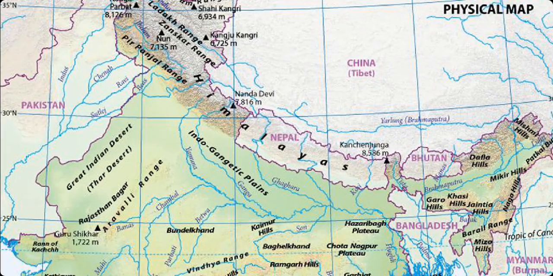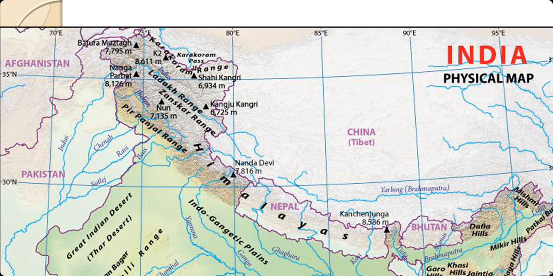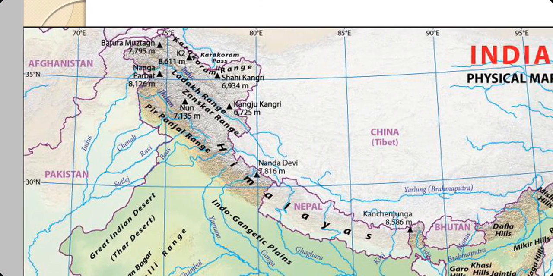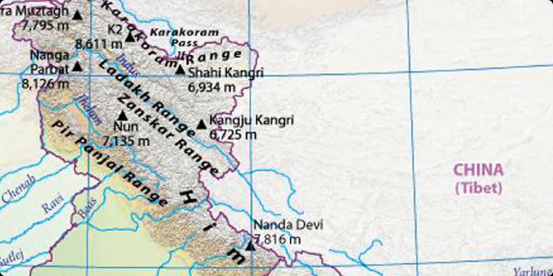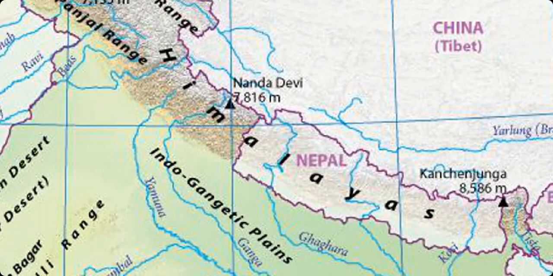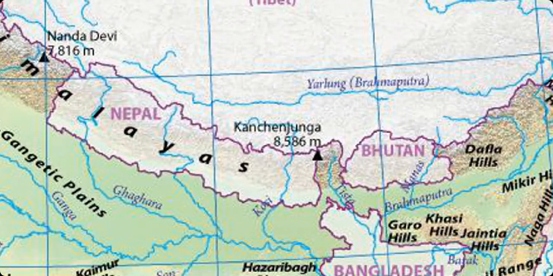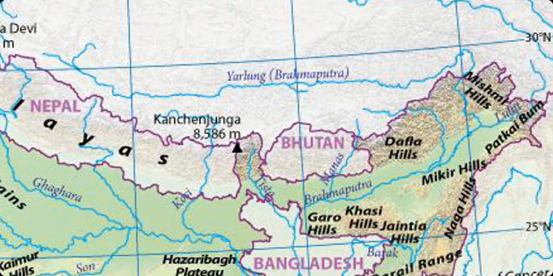Now this is the map of the northern region. You can see the Himalayas, the various ranges: Pir Panjal, Zanskar, and Ladakh range. And you also have the eastern hills.